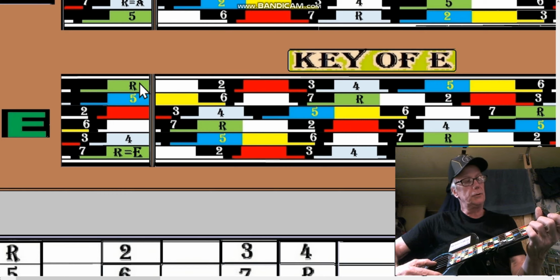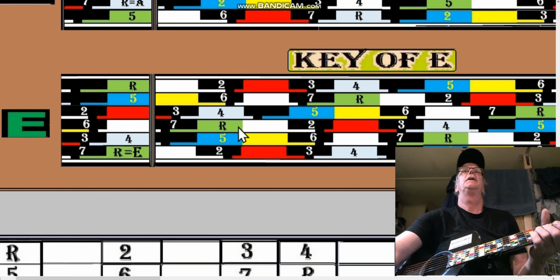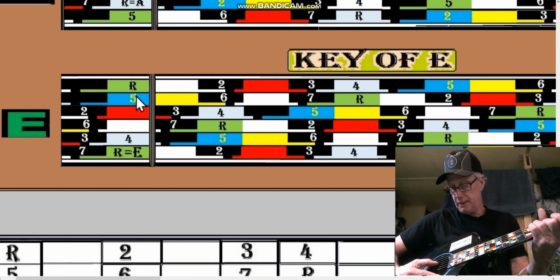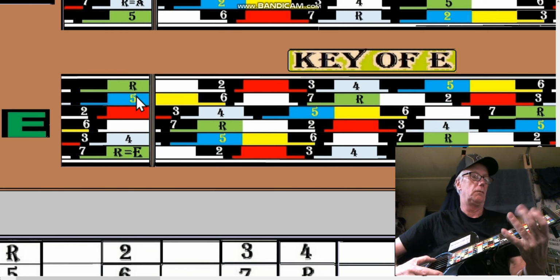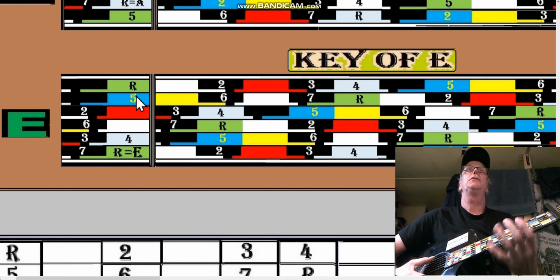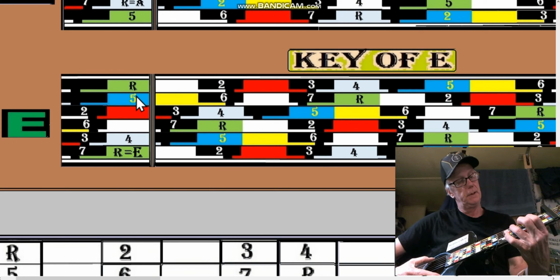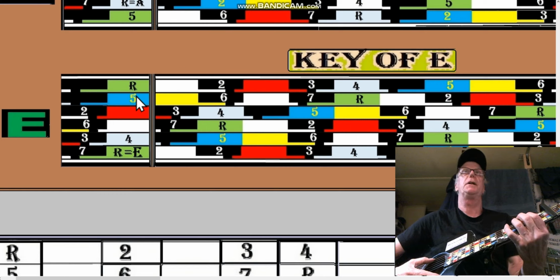And you've got a root chord right here, root 3 5. So you just play your E and just do the middle 3 strings there, and you can go into a perfect arpeggio.